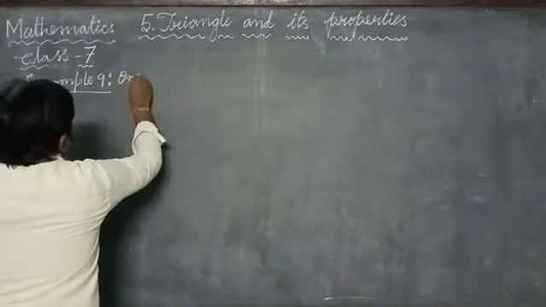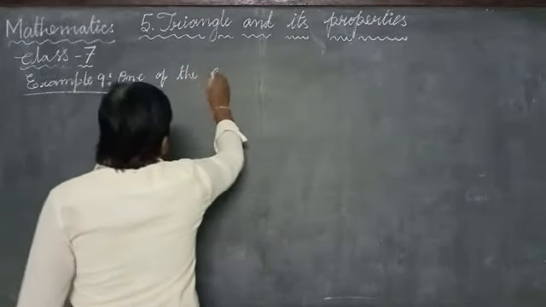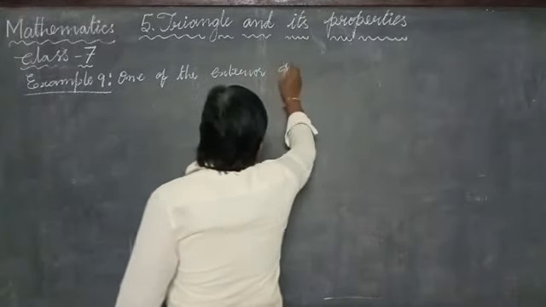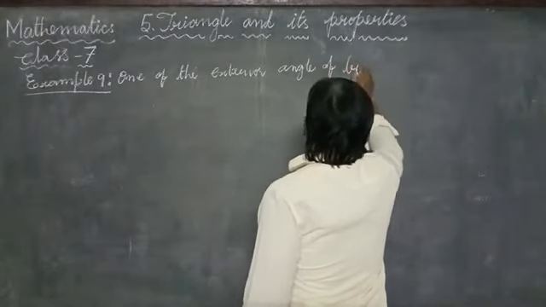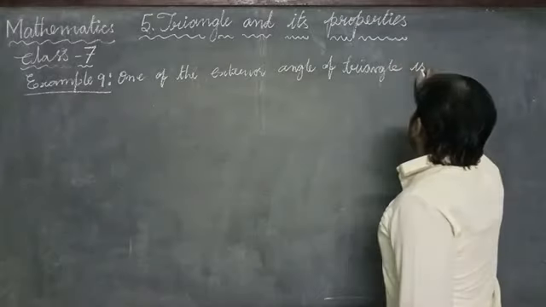One of the exterior angle of triangle is 120 degrees.